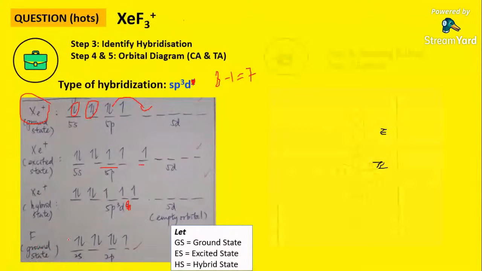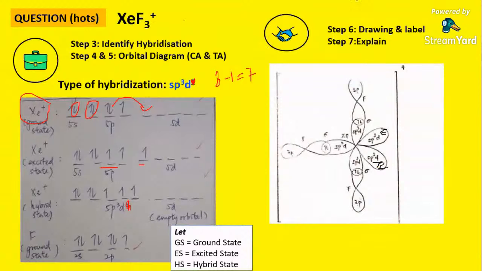Now about the drawing. This is my student's drawing. Actually, she forgot about the lone pair, so I added it for her. Even though this one is T-shape, don't forget there are 2 lone pairs. Must label the lone pair over the loops. sp3d, sp3d, sp3d, sp3d, xenon, positive charge, and then 2p, 2p, 2p, sigma, sigma, sigma, and then fluorine atom.